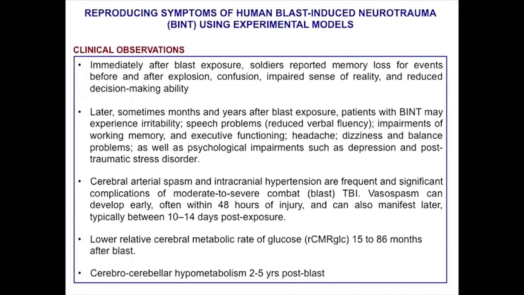Moreover, a lower relative cerebral metabolic rate of glucose has been observed in veterans 15 to 86 months after blast, as well as cerebrocerebellar hypometabolism 2 to 5 years post-blast. Comparable functional deficits have been observed in animal models of blast injuries and blast-induced neurotrauma.